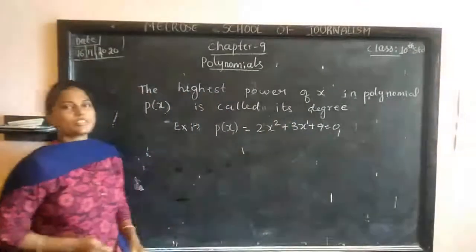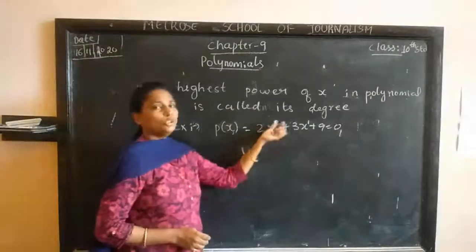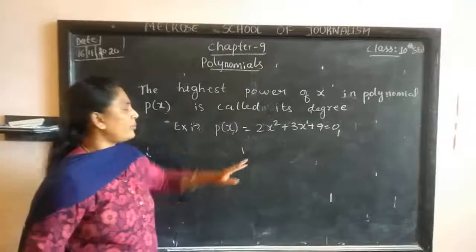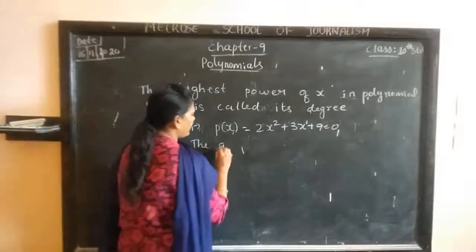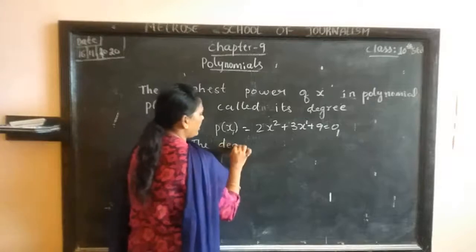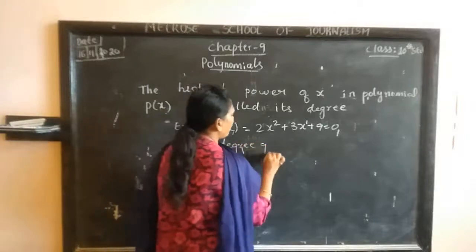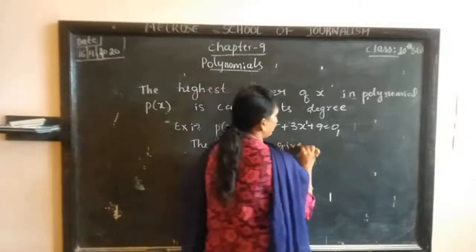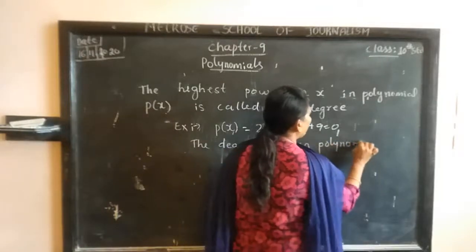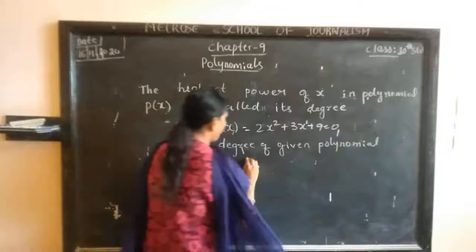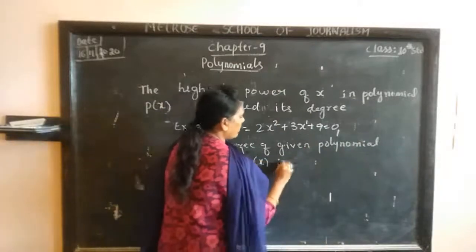Among 1 and 2, which is the highest power? 2. So what is the degree of the polynomial? The degree of the given polynomial p of x is 2.